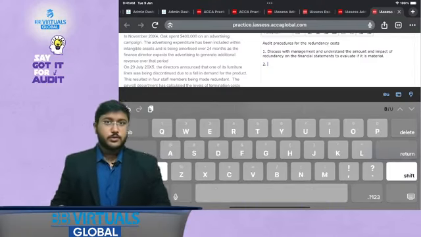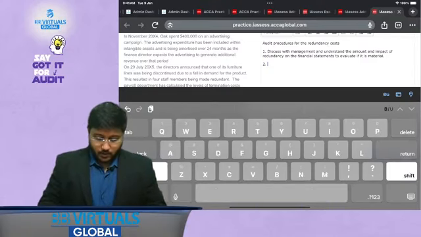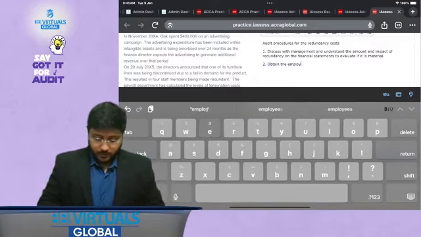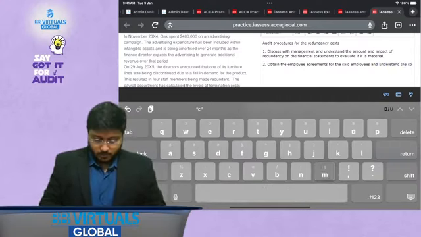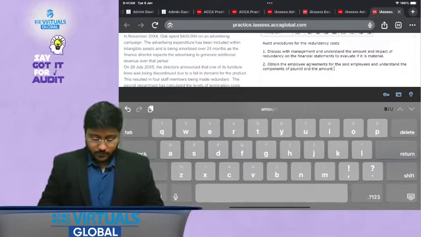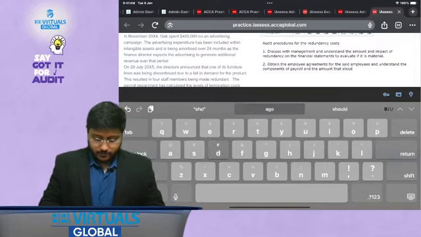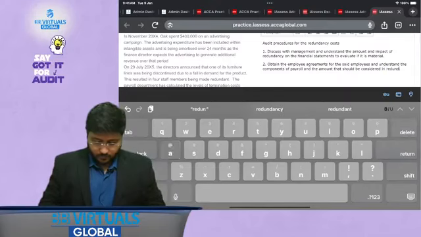Number two, obtain the employee agreements for the said employees and understand the components of payroll and the amount that should be considered in redundancy provision.